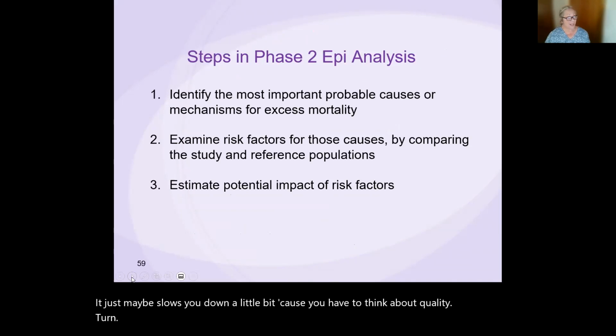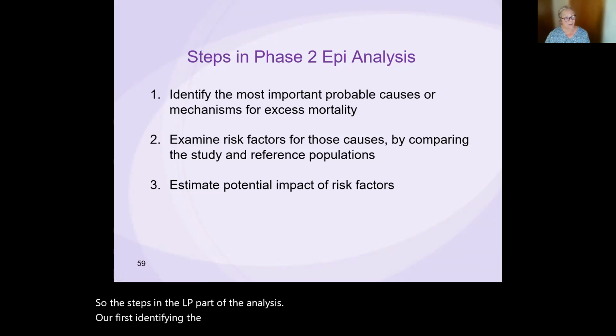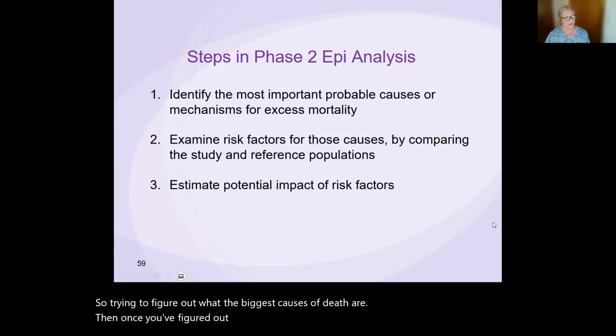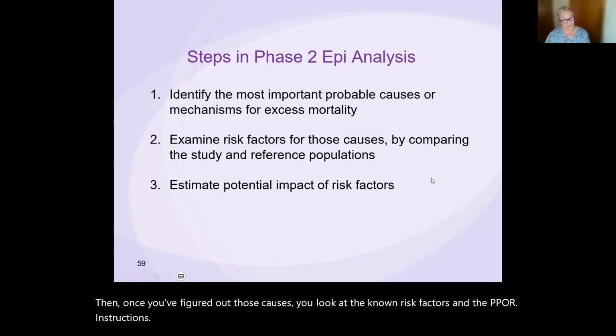So the steps in the epi part of the analysis are first identifying the most important probable cause. So trying to figure out what the biggest causes of death are. Then once you've figured out those causes, you look at the known risk factors, and the PPOR instructions have lists of the risk factors for each of the causes that you figure out.